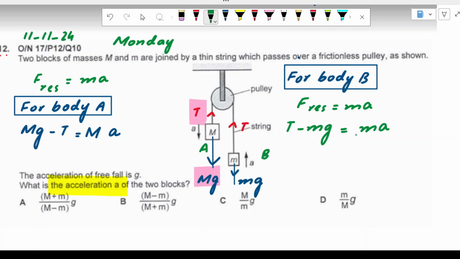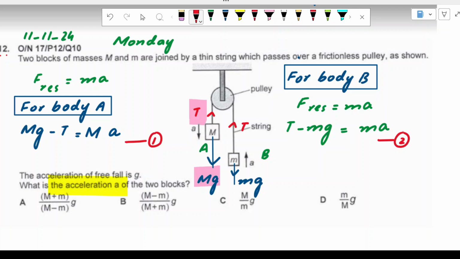Now, in the next step, you need to find the formula of acceleration, and in all the options T is not there, so they have eliminated T. The tension has been eliminated. Let's say this is the first equation and this is the second equation.